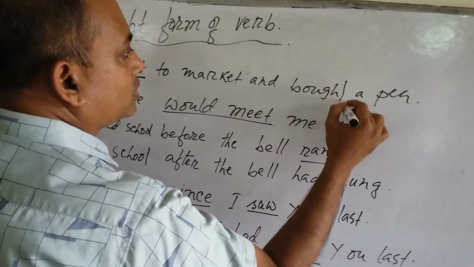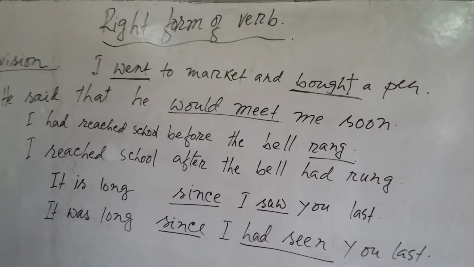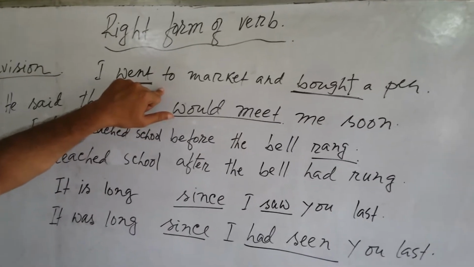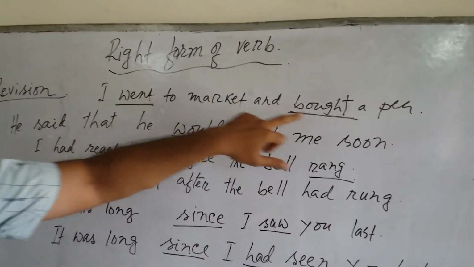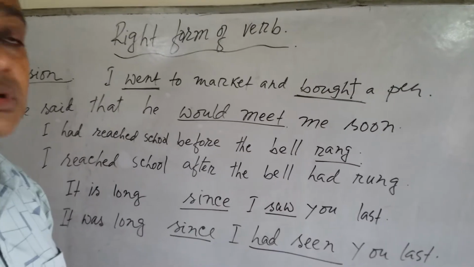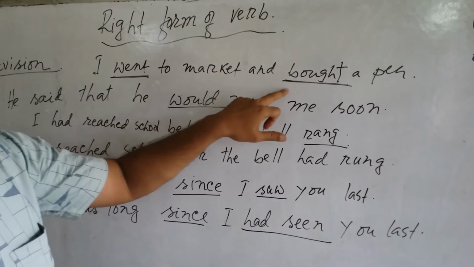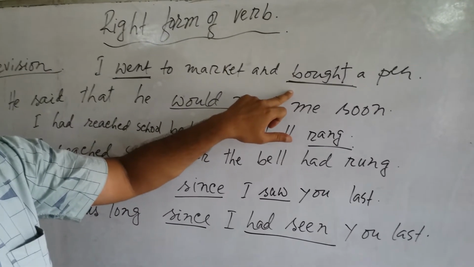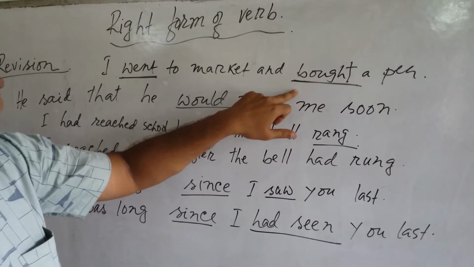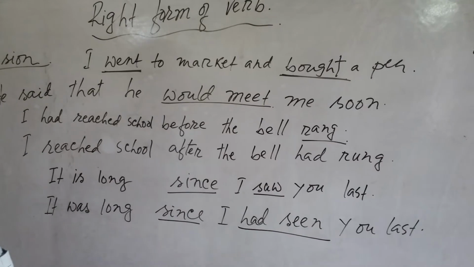So we have used here bought, the past form of the verb buy, because the sentence starts with the past form. Unless the rest of the part is a universal truth. If the sentence starts with the past form but the rest of the part is a universal truth, then we will not use the past form, because we know that a universal truth is always in present.